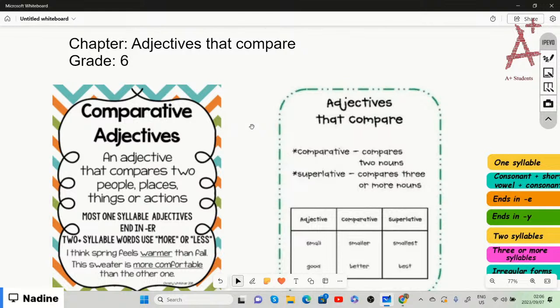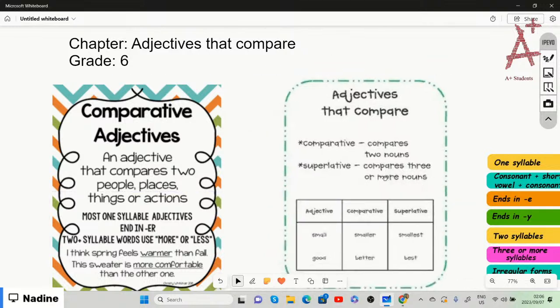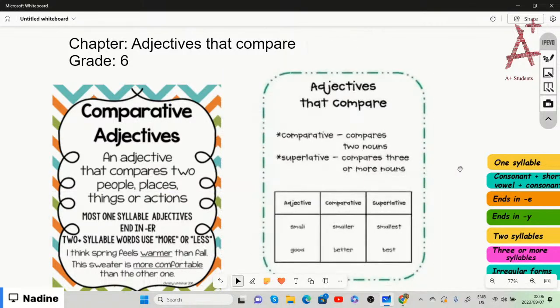And when we compare, we can either use a comparative adjective, where we compare two nouns, right? So we compare two nouns.